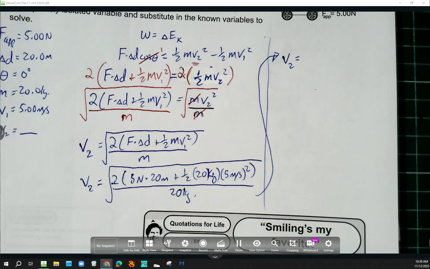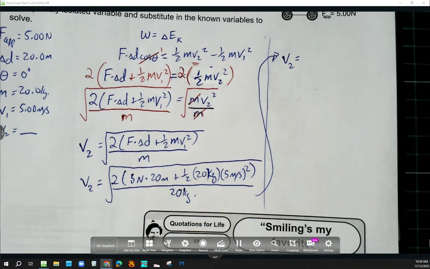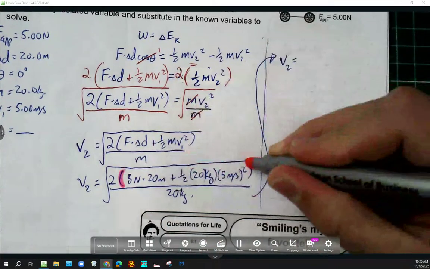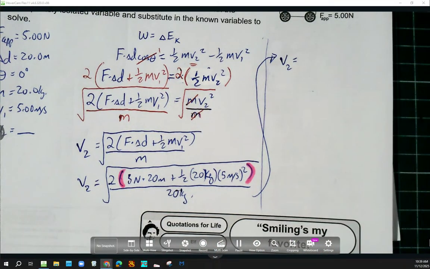Make sure you can do the data entry on this one. Use as many brackets as you need. I can color code the brackets if it helps for your data entry for your calculator. This bracket here and this bracket here are partners. They're bracketing that whole numerator thing that's being multiplied by 2.